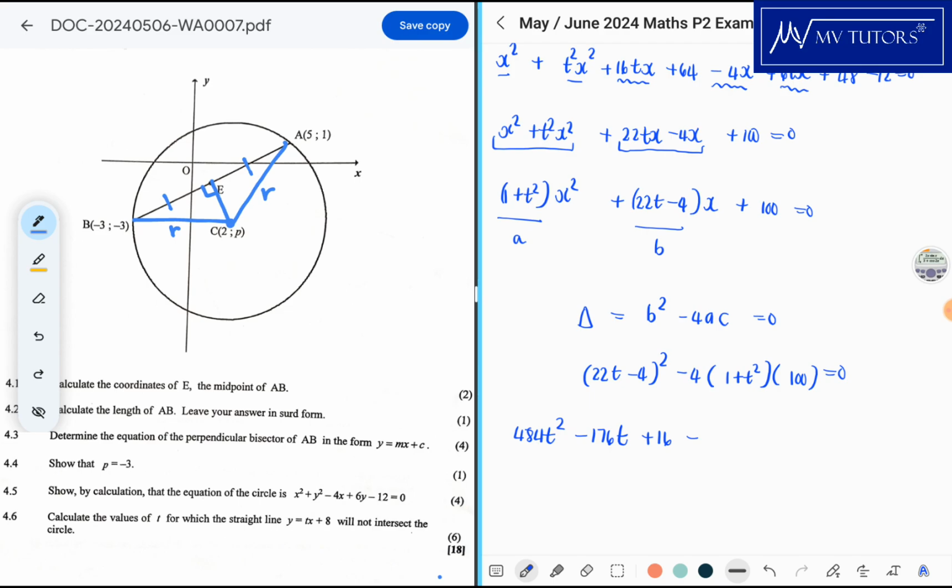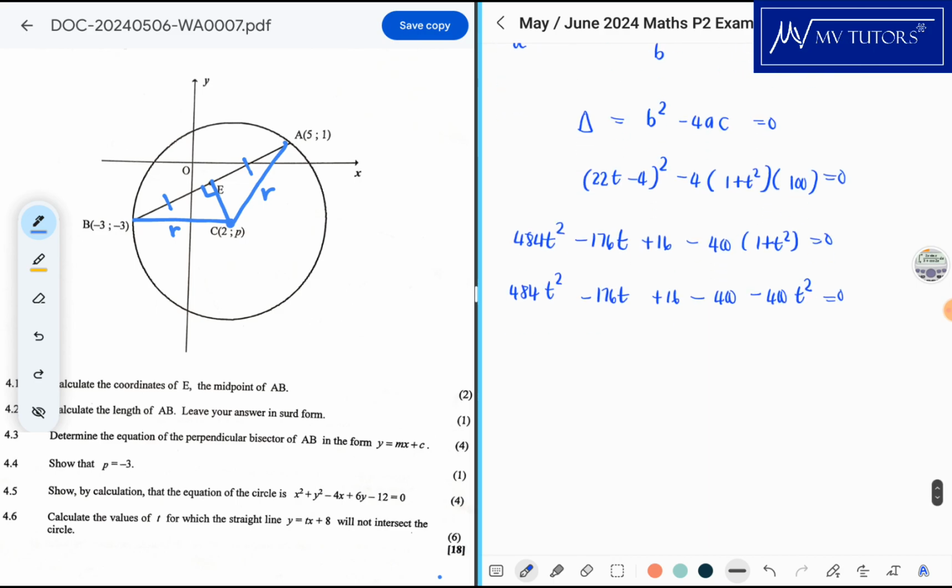Minus, let me just say 400. 4 times 100 and then (1 plus t squared). Okay, let's see here. So I have 484t squared minus 176t plus 16 minus 400 minus 400t squared, and that's equal to 0.